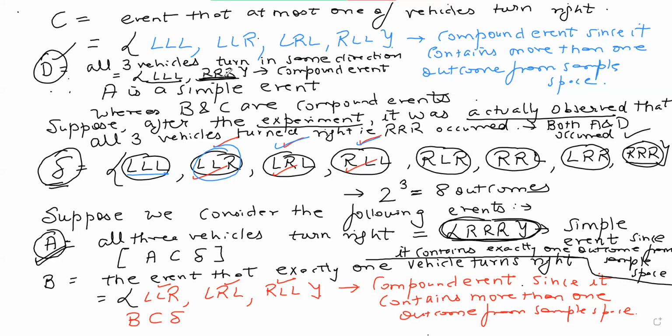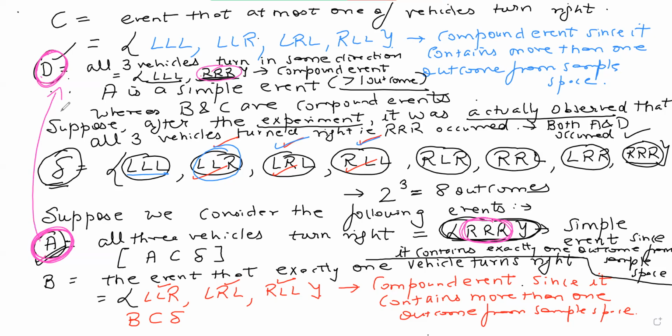Now all three can go left or all three can go right, and it's a compound event since it contains more than one outcome. So when one simple event occurs, several other compound events also occur simultaneously with that. When event A occurred, event D also occurred simultaneously because both A and D contain RRR as a possibility.